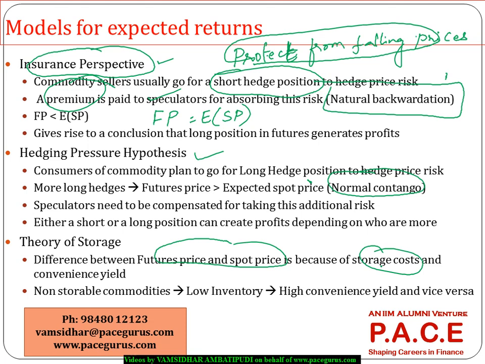So it is even observed that there is an inverse relationship between inventory levels and futures prices. Inventory levels high, futures prices lesser, convenience yield is going to be lesser. As long as this relationship is understood in stronger terms, probably understanding commodities becomes more and more easy.